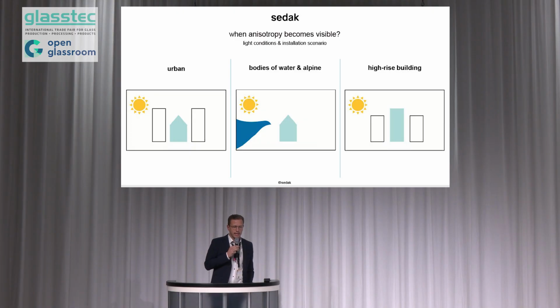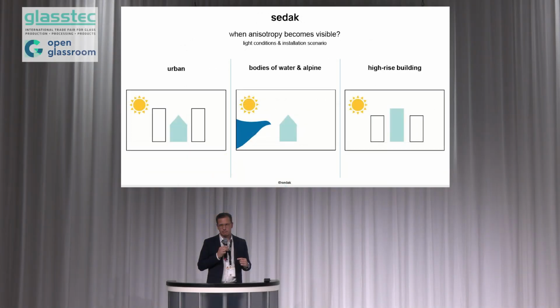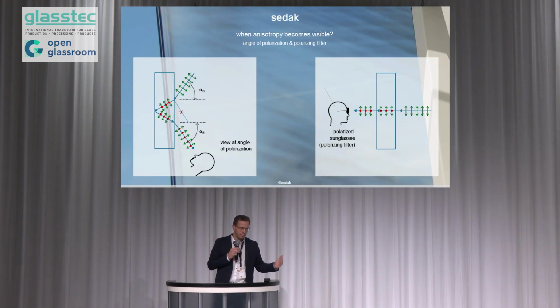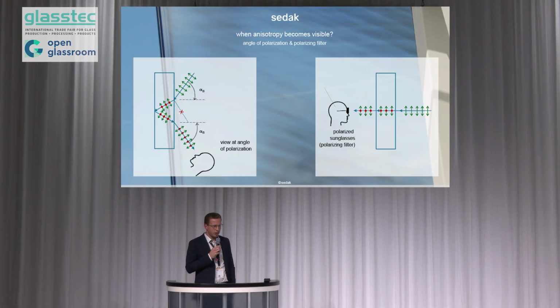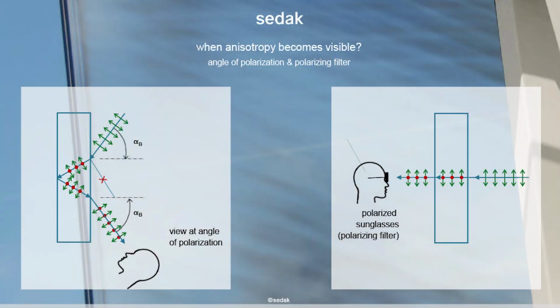Depending on the lighting and installation situation, the anisotropies become visible. Here just a few of them. The different scenarios are favoring the visibility of anisotropies. The main factor is the presence and high proportion of polarized light. This can be in the atmosphere, and then you have two main perspectives where we see these anisotropies strongly visible by the naked eye.